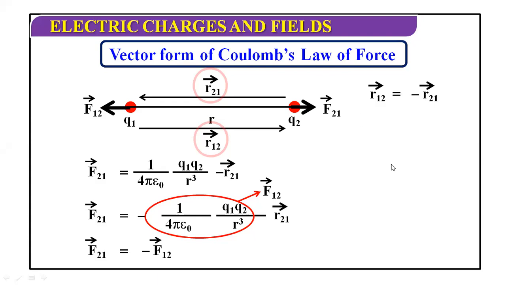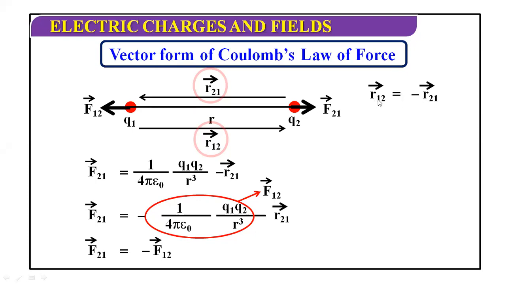So let me start. In our morning lecture, we discussed Coulomb law in vector form, and we found that the force on one charge is exactly equal and opposite to the force on the other charge. And what was the reason? The reason was very clear from these two quantities. R12 was equal to minus R21.